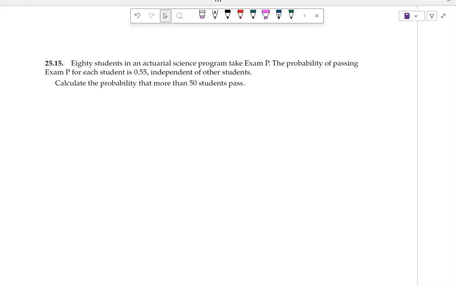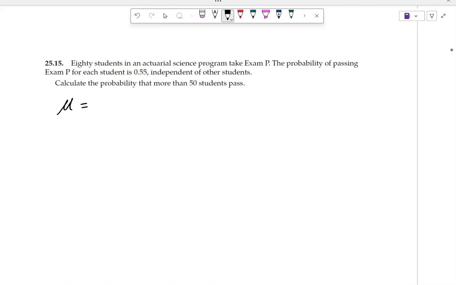We're going to approximate this with central limit theorem, okay? And basically, how are we thinking about the binomial? We just talked about this in a previous section. Sum of Bernoullis is binomial, right? So we can think of these 80 students each as a Bernoulli random variable, 1 if they pass, 0 if they don't, and add it up. And that's going to give us our binomial, right? Okay. So in this case, our mean will be what?